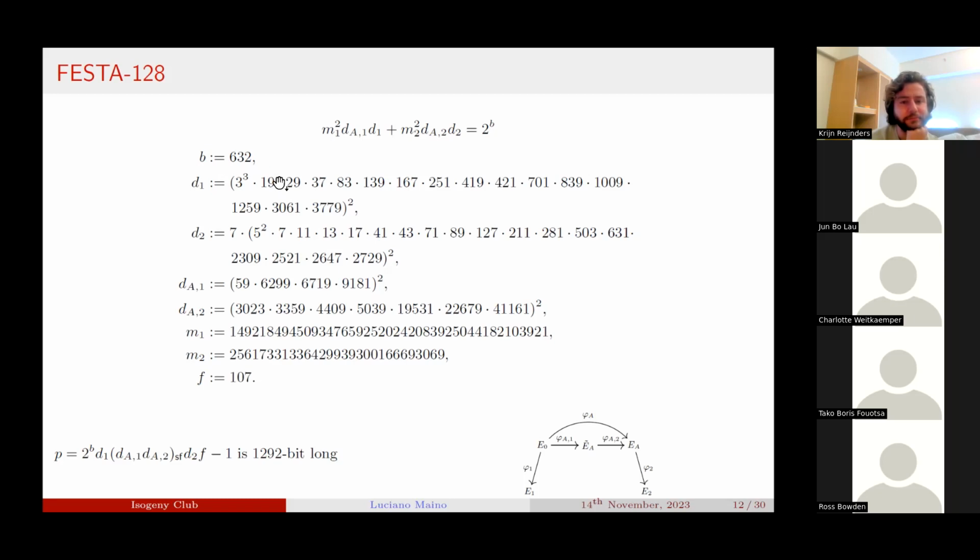This is something that we're going to use later on, and this B denotes the length of the 2-2 chain we are going to compute. The other thing that I want to point out is that the degrees of the isogenies phi 1 and phi 2 are smooth. These are smooth enough, so the computation of these one-dimensional isogenies is not too burdensome for the evaluation of the decryption function.